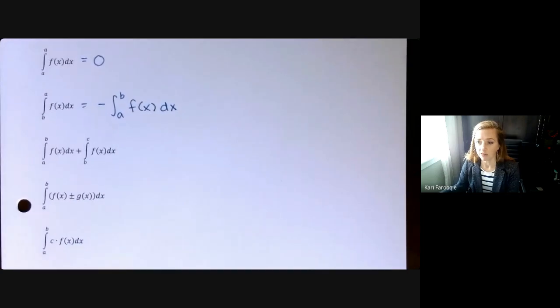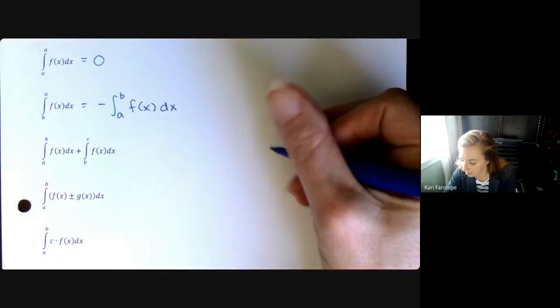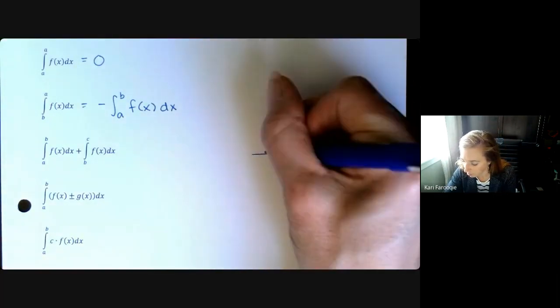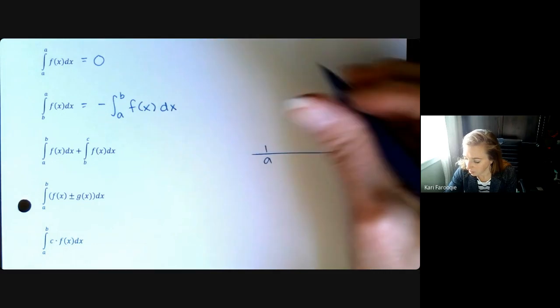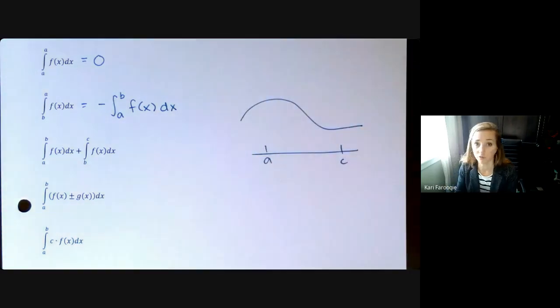So you can switch the upper and lower limits of integration if you make the integral negative. Another one is the sum of two integrals. So this is kind of this idea where let's say I'm going from A to C, and I'm integrating over this curve.